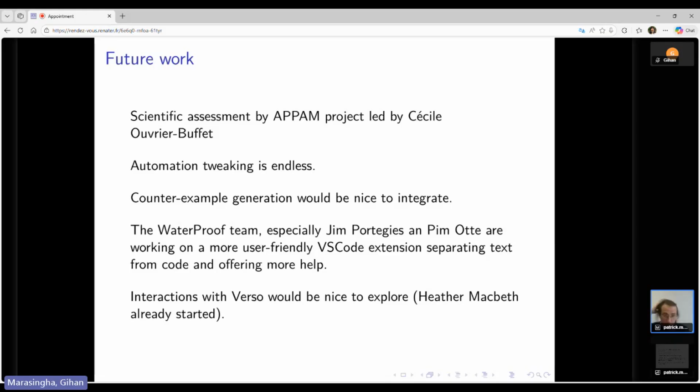And the Waterproof team: Jim Portegies is the main person developing Waterproof since 2019, I think, or maybe 18. And Pim Otten is a PhD student in Utrecht, also helping a lot. They are helping me with Verbose Lean, and also working on the more user-friendly VS Code extension.